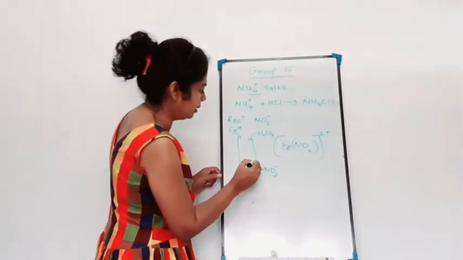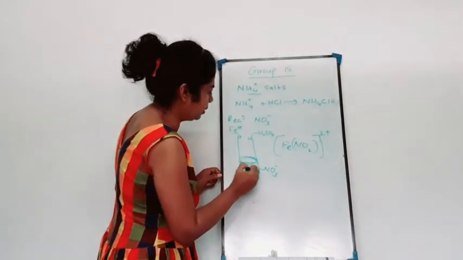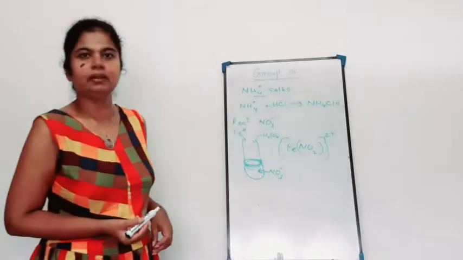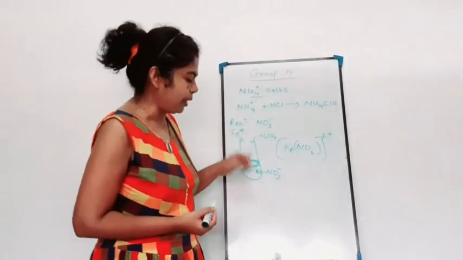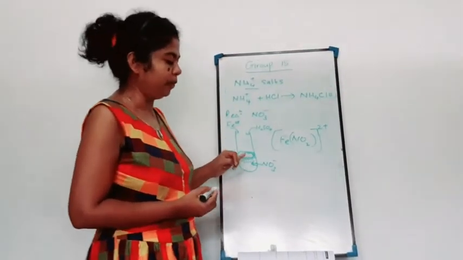Then you can see a brown color form at the top. That is the brown ring.